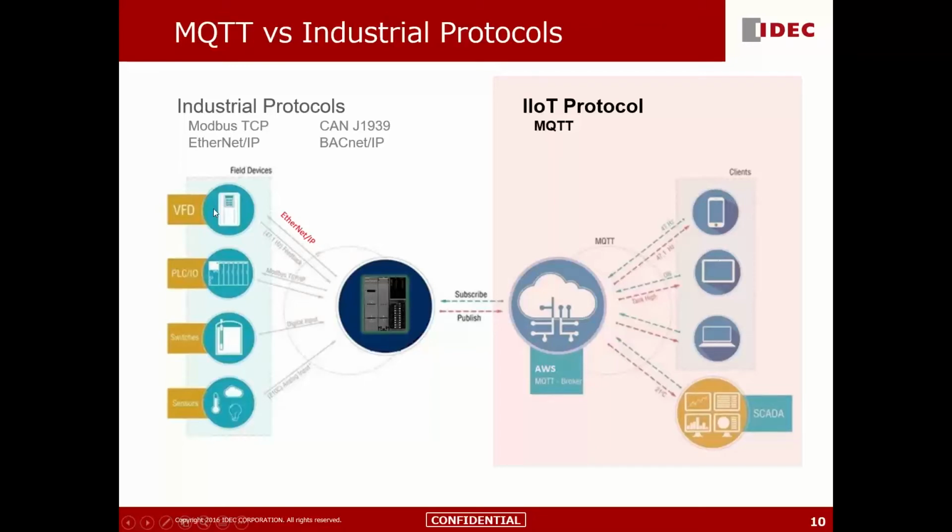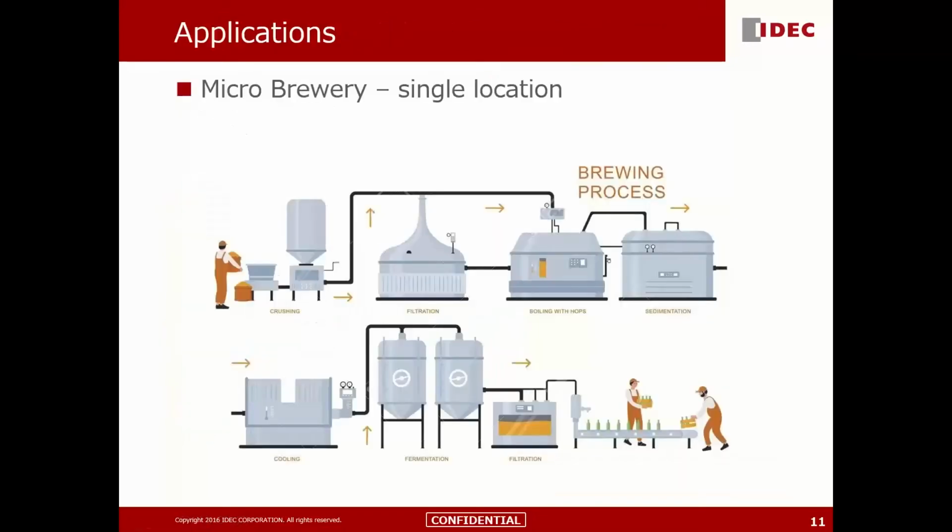Okay. So for a simple illustration or application example, I picked a microbrewery. Right, so I put a single location. Let's say you have a location that makes beers. I'm not sure if you are aware, but in brewery applications, there are many processes, right?